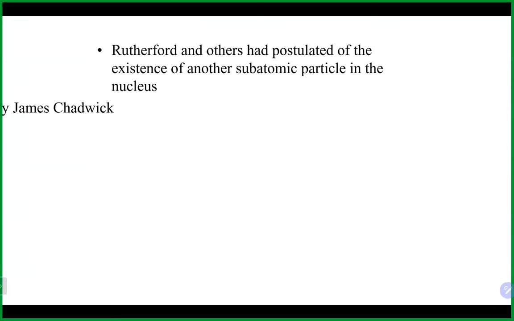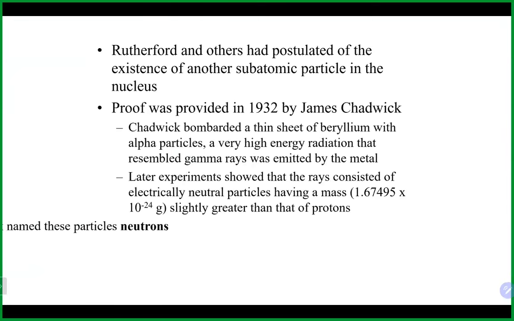As I mentioned, we've got our protons and our electrons, and there was always a belief that there was another particle in the nucleus. It wasn't until the 1930s that James Chadwick discovered through experimentation the existence of what he called neutrons.